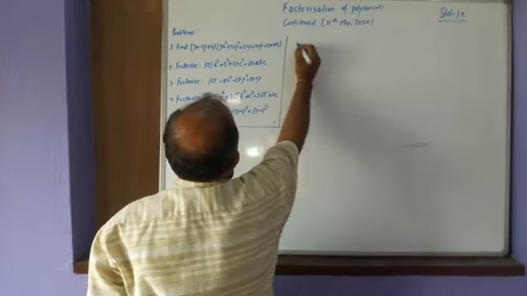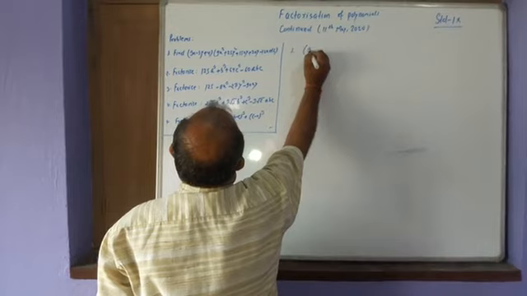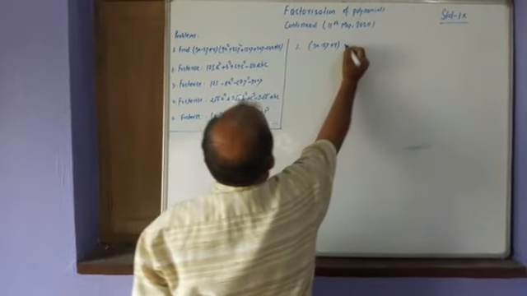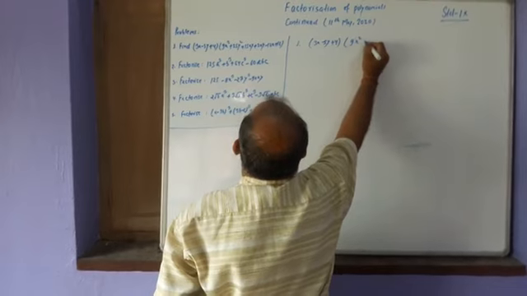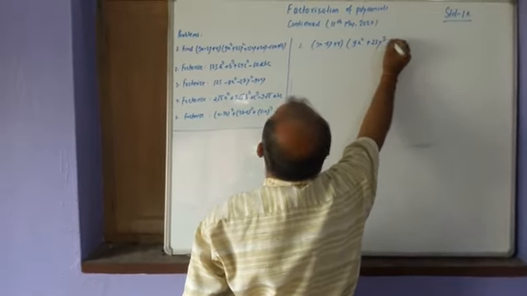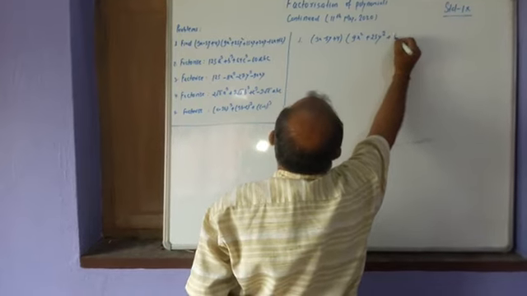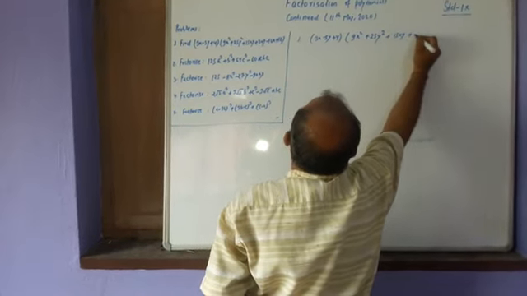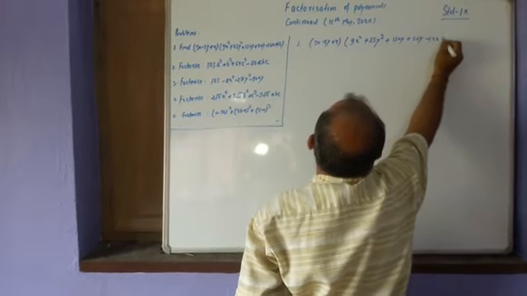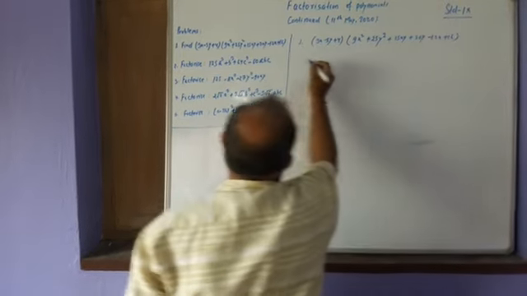The first problem is (3x minus 5y plus 4) into (9x square plus 25y square plus 15xy plus 20y minus 12x plus 16).